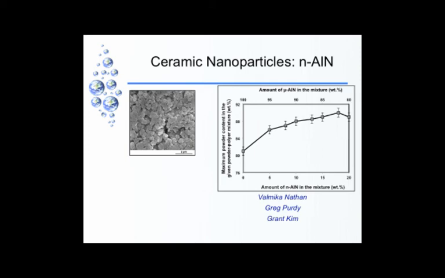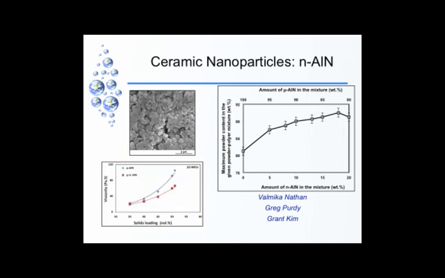So you had one powder that had a maximum packing density of about 54 volume percent. You filled it with another powder that had a maximum packing density of about 40 volume percent, but the combined mixture in some ratios allowed you to get close to 72 volume percent, which is really high for ceramics.